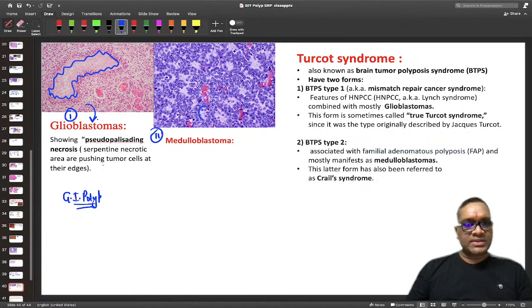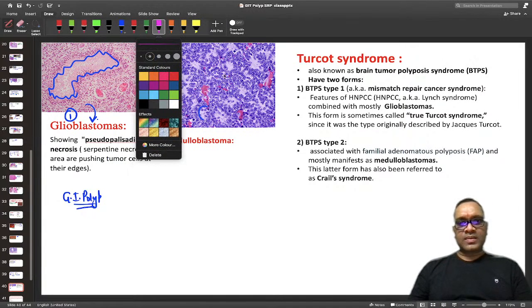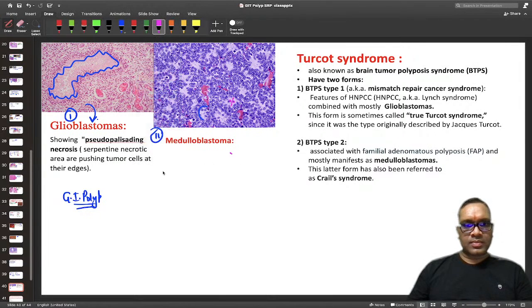And here you can notice in this picture, if you look at this diagram, there are Homer Wright pseudorosettes. Small round blue cell tumors are present in this area, around the differentiation, right?